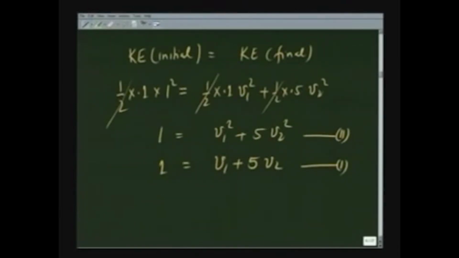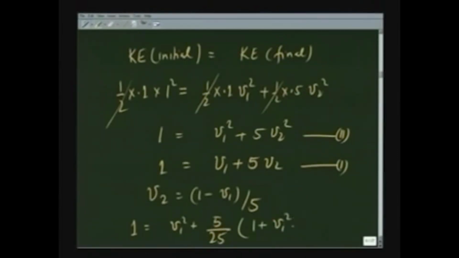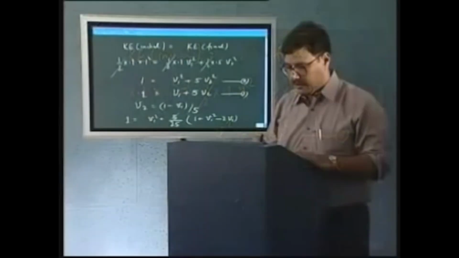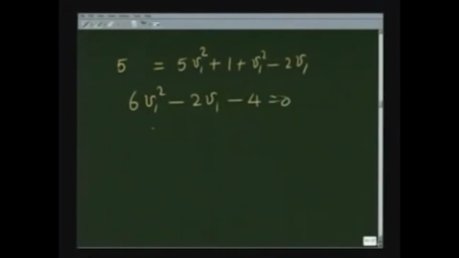Let us substitute. So, I take the value of v2, which is (1 minus v1) over 5 from the first equation, and substitute in the second equation to get 1 equals v1 square plus 5 over 25 times (1 plus v1 square minus 2 v1), and therefore I get 5 is equal to 5 v1 square plus 1 plus v1 square minus 2 v1, or 6 v1 square minus 2 v1 minus 4 is equal to 0, or 3 v1 square minus v1 minus 2 is equal to 0.